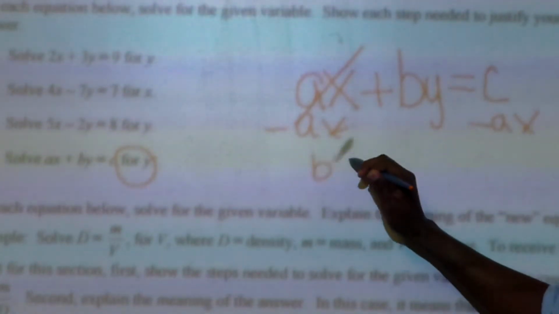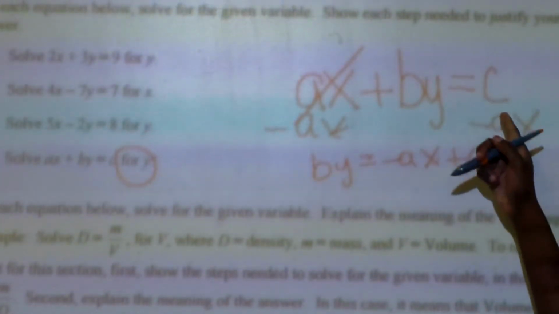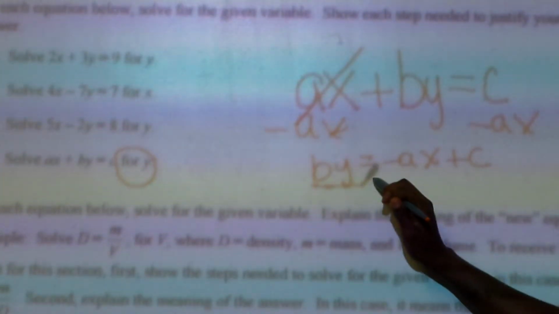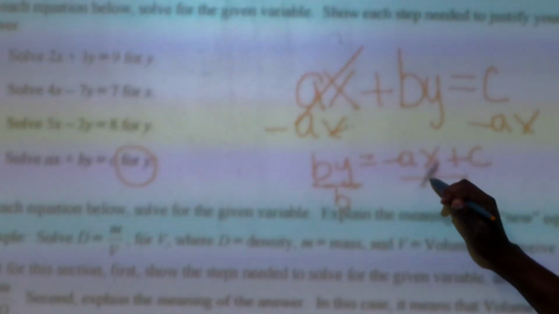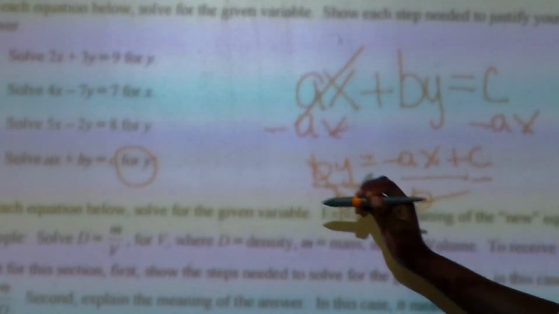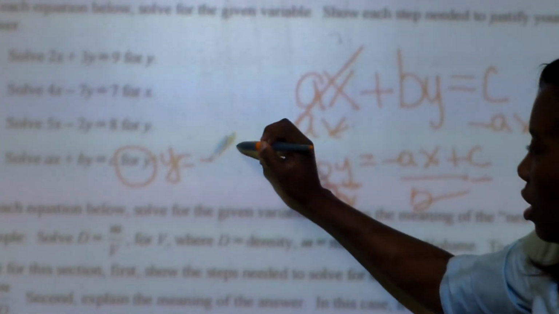So then we have by equals negative ax plus c. If you put c minus ax, it's the same thing. The order doesn't matter as long as one's a positive, one's a negative, the correct one. And then we divide both sides by what? B. And so our answer for number 4 is y equals c minus ax.